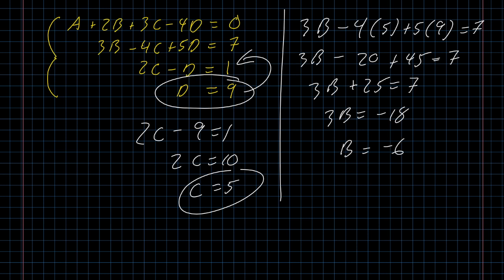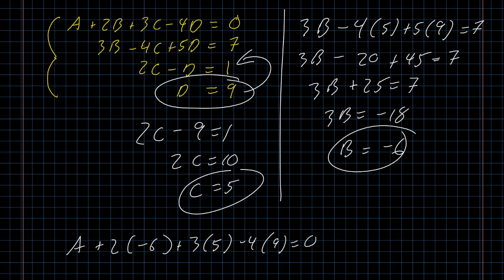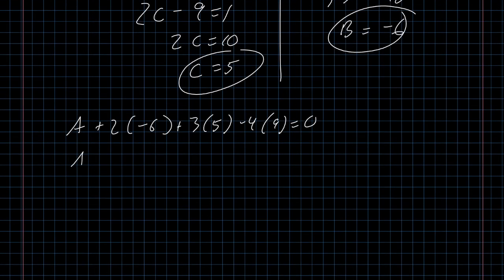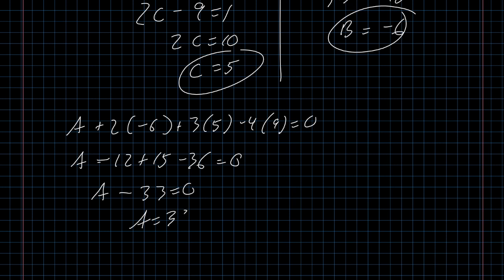And I get that b is negative 6. Plug all of that into the first equation. And I get that a is 33.